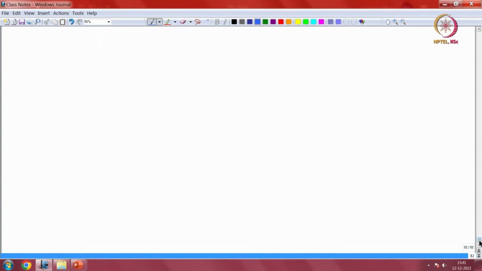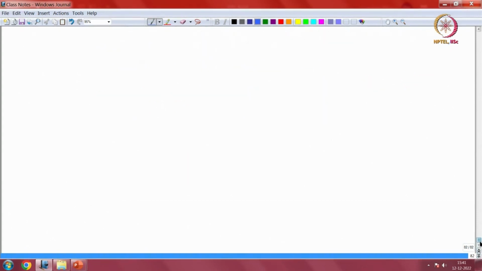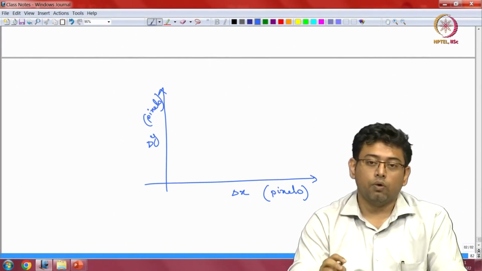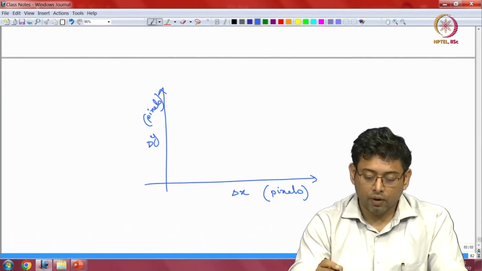To implement such a method, maybe I'll go to the next slide. As the name suggests, we will first plot something. In this case, we take the raw data and plot delta x, which is in pixels, and delta y, which is also in pixels, the location of the correlation peak in the correlation plane. So every time you evaluate a correlation peak, there is a delta x and delta y, right, which you are again using to evaluate velocity.